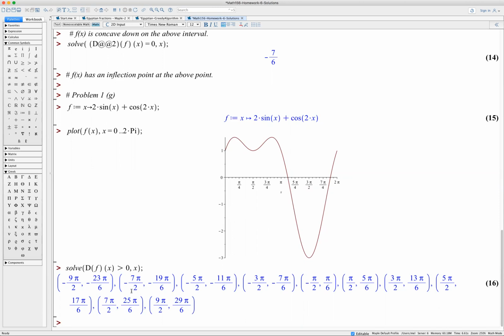So we can say that f of x in this interval from 0 to 2 pi is increasing for x in the intervals zero. So Maple doesn't want me to write pi over 6.